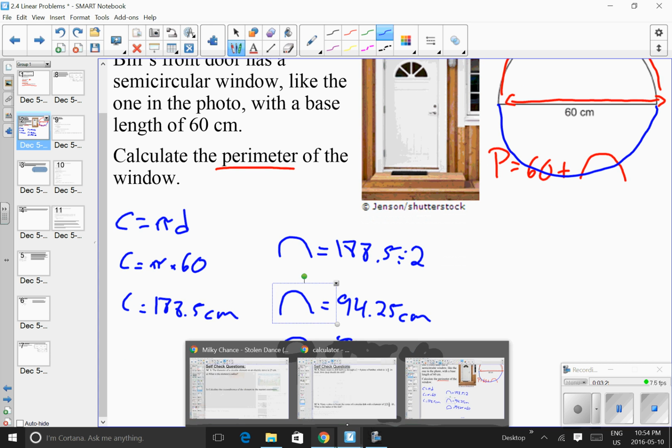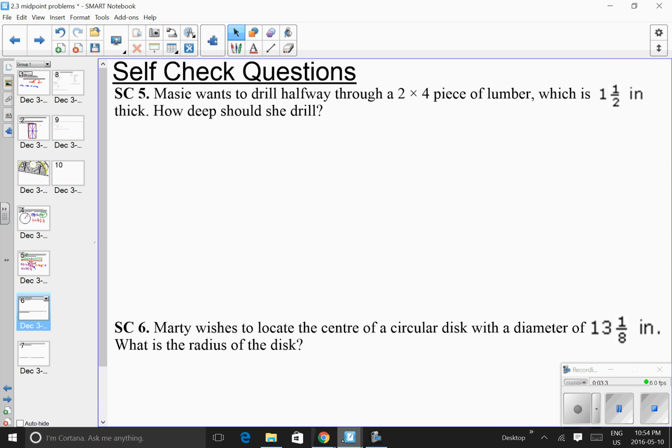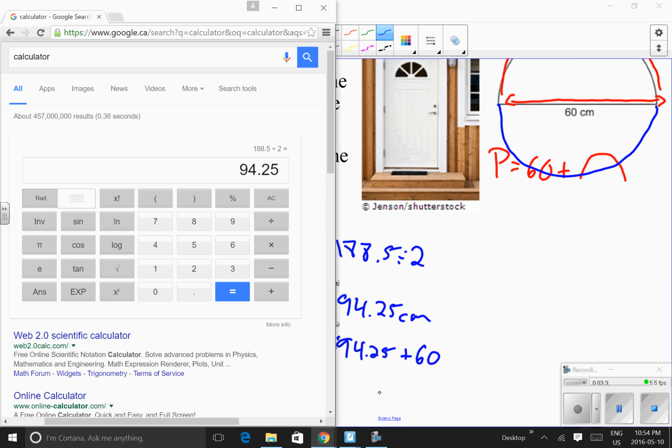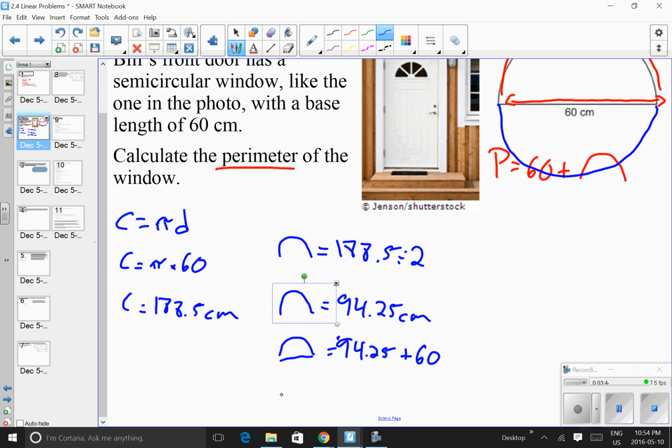Go back to my calculator and tack on another 60 centimeters. That gives me 154.25. So the perimeter of this thing is 154.25 centimeters.